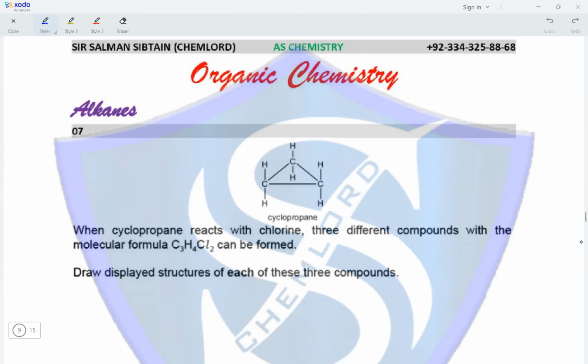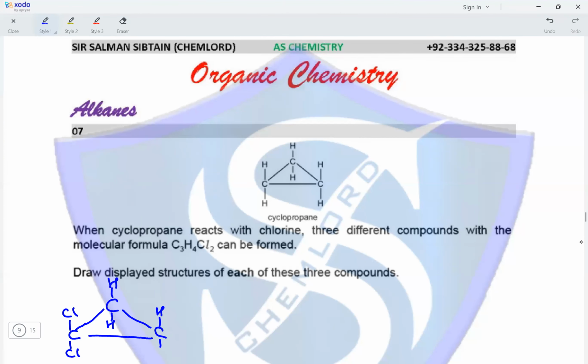Question 7. When cyclopropane reacts with chlorine, three different compounds with the molecular formula C3H4Cl2 can be formed. Draw the structure of each of these three compounds. One of them would have both the chlorine atoms present on the same carbon atom, which would be Cl here and Cl here.